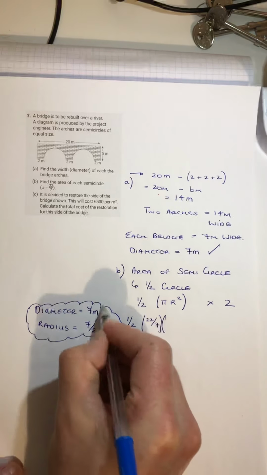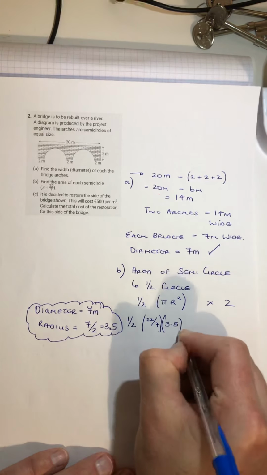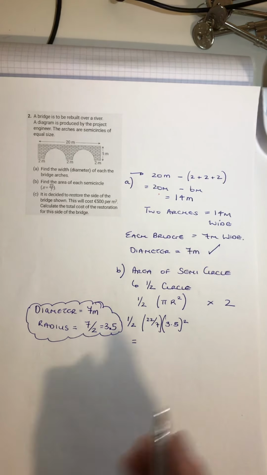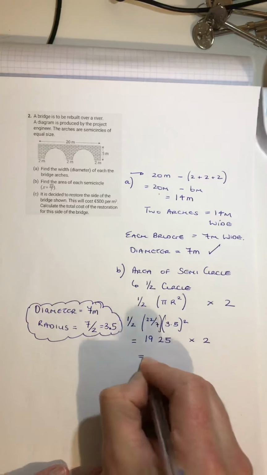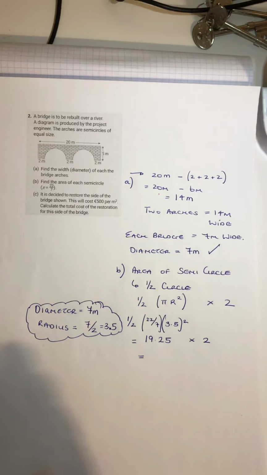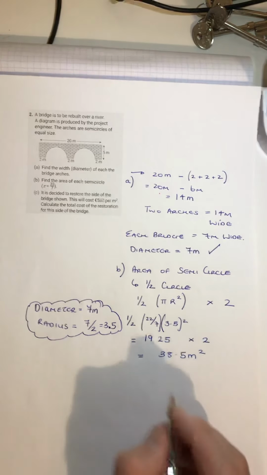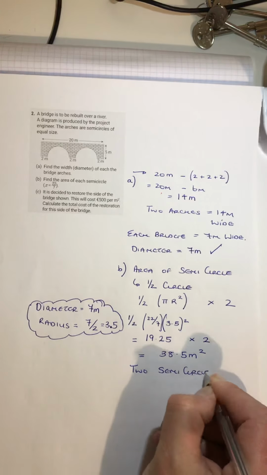Okay? So 3.5 squared. So on your calculator, which is 19.25. Multiply that by 2, which is equal to 38.5 meters squared. And that's the area of the two semicircles. Okay?